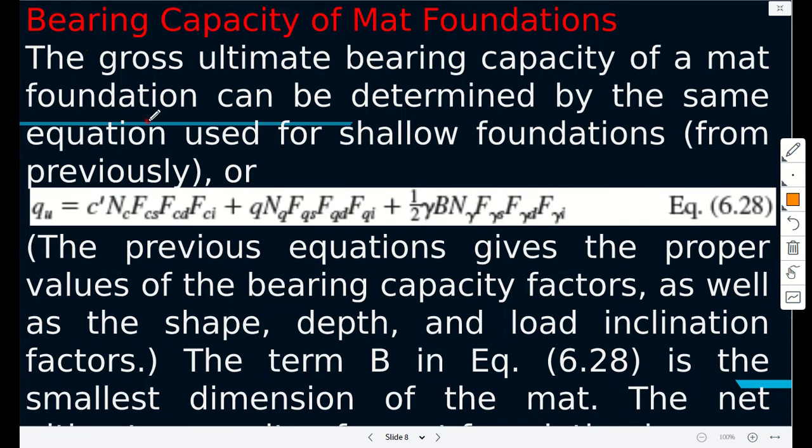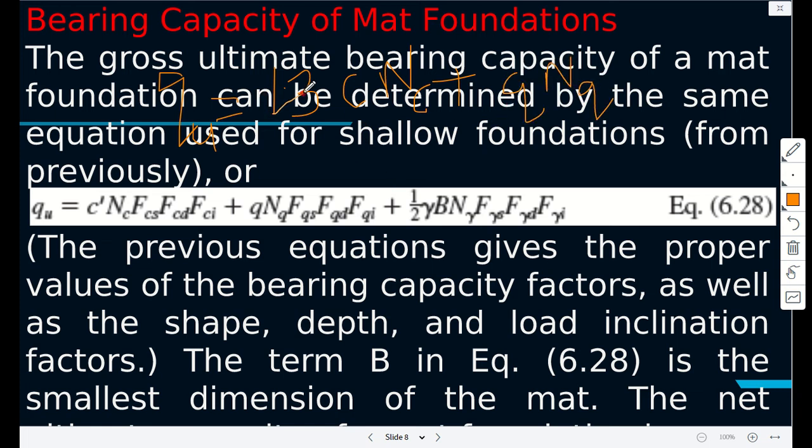We cannot run away from the foundation equation we already laid down, that we said that qu is 1.3 cNc plus qNq.